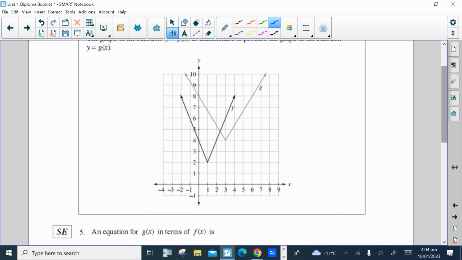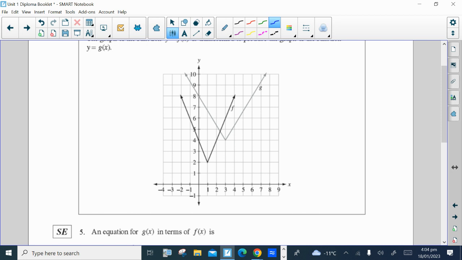So to go from F to G, remember you always do your stretching and reflecting first. Now this graph hasn't been reflected because both graphs point upwards, but it has been stretched for sure. So one way we could look at that is compare the two starting points.